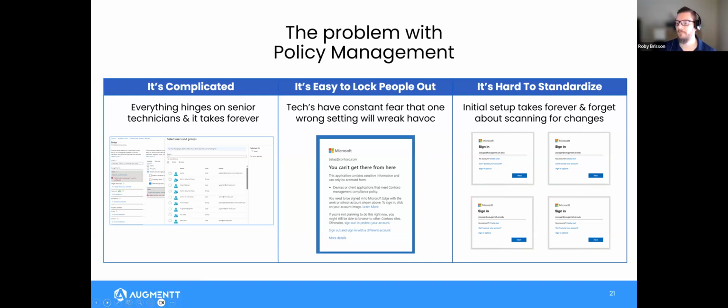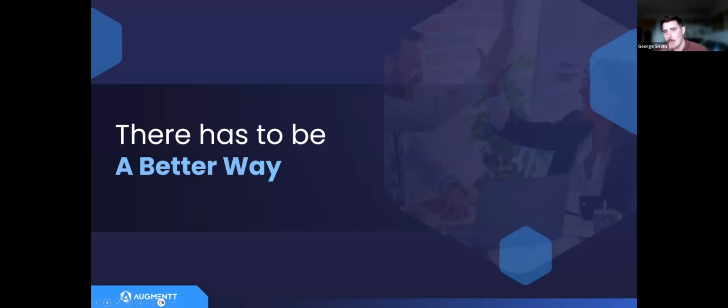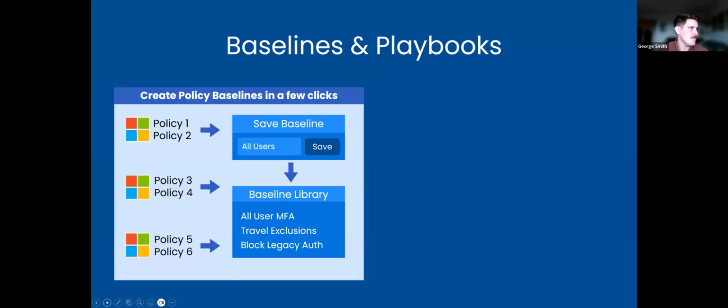Yep. So those are some of the challenges that we certainly hear about. And so, at Augmentt, we're obviously, as Robbie said, always trying to make things easier. One of the things we wanted to share for those of you who weren't aware of it is some of the conditional access functionality within Augmentt today. One of the first things we'll talk about, and Robbie will go in just a second and show all this in the environment itself, is baselines and playbooks.